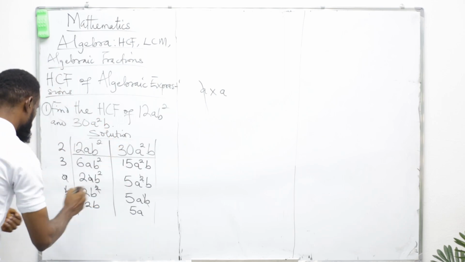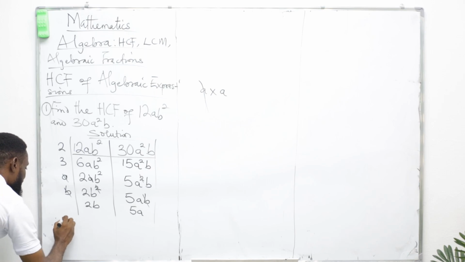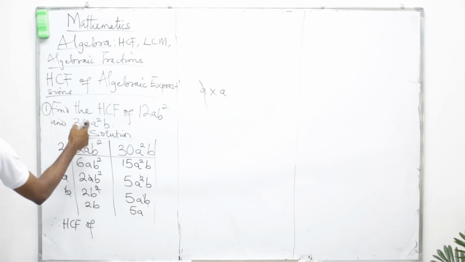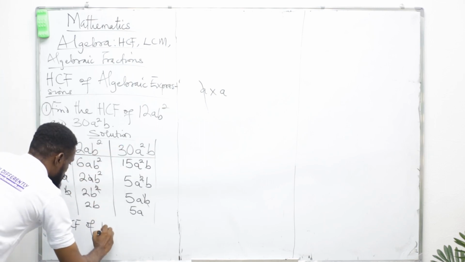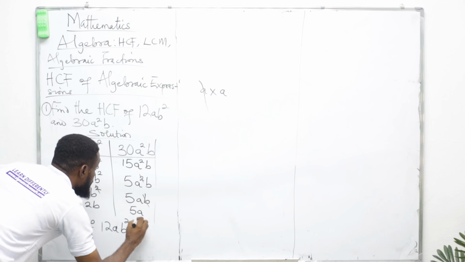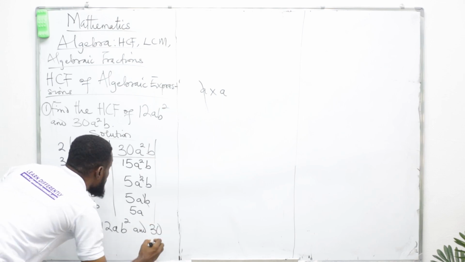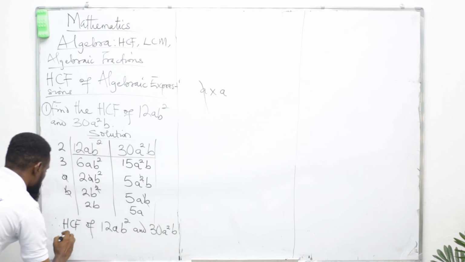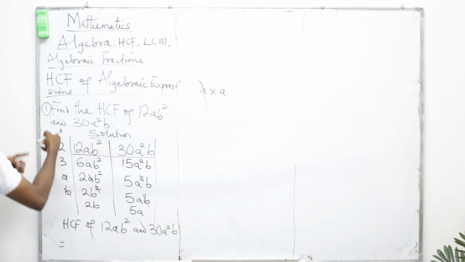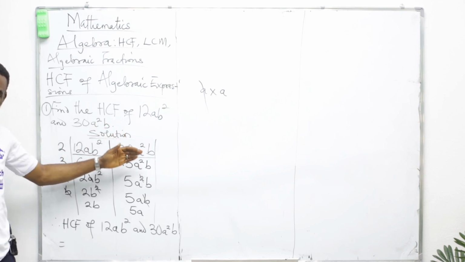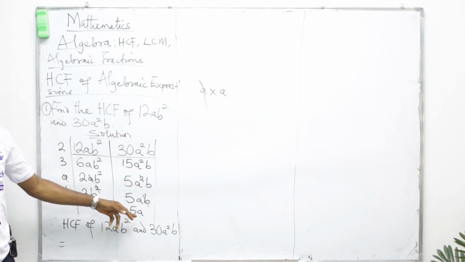So we say therefore the HCF of this expression, let me write it, 12ab squared and 30a squared b is equal to, you multiply all the factors you used to bring this down to the point where they don't have common factors again.